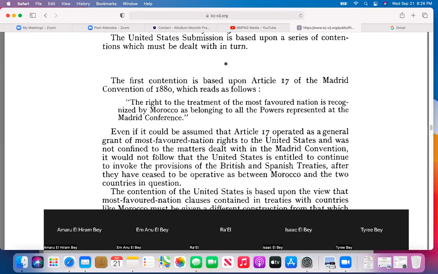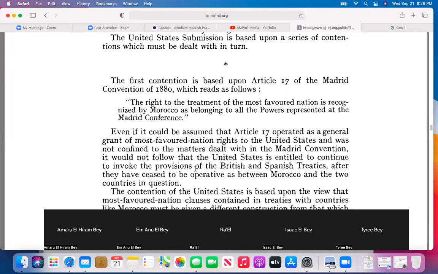Even if it could be assumed that Article 17 operated as a general grant of most favored nation rights to the United States and was not confined to the matters dealt with in the Madrid Convention, it would not follow that the United States is entitled to continue to invoke the provisions of the British and Spanish treaties after they have ceased to be operative as between Morocco and the two countries in question.